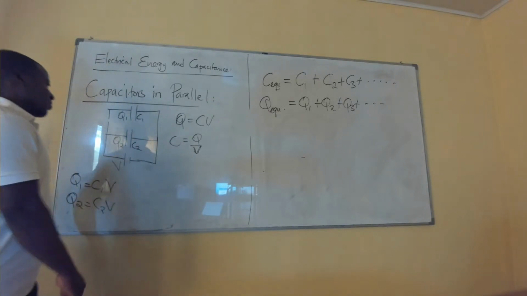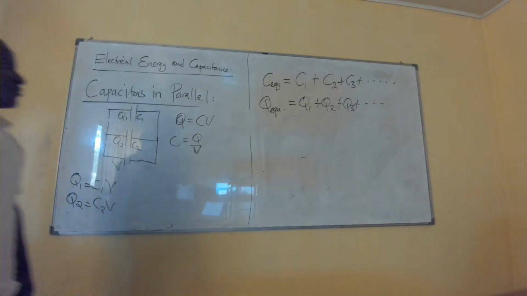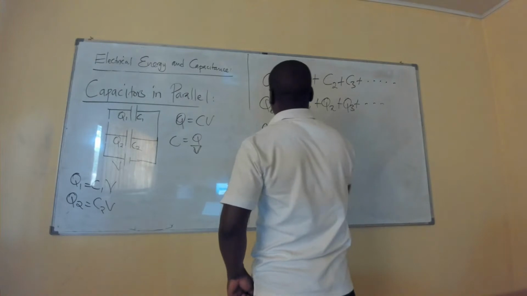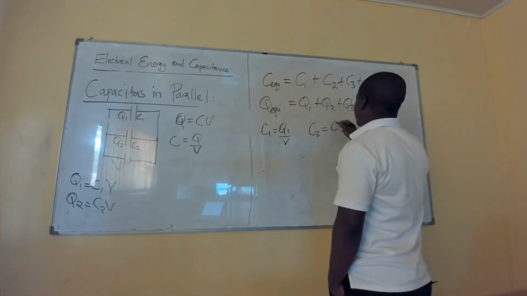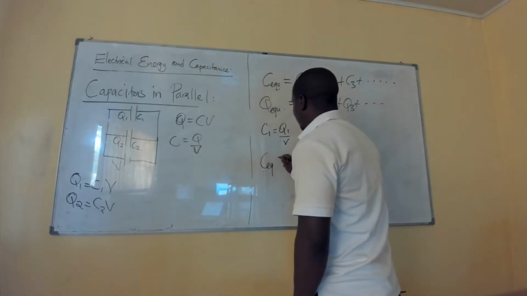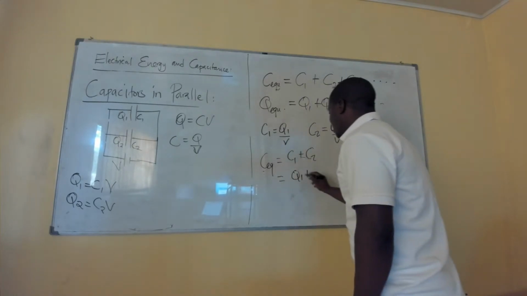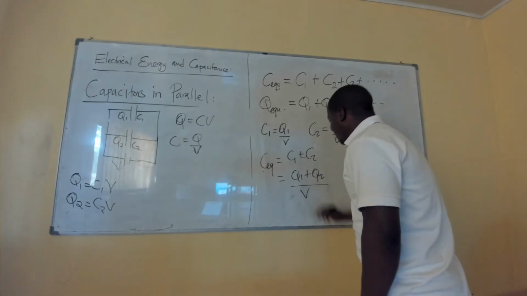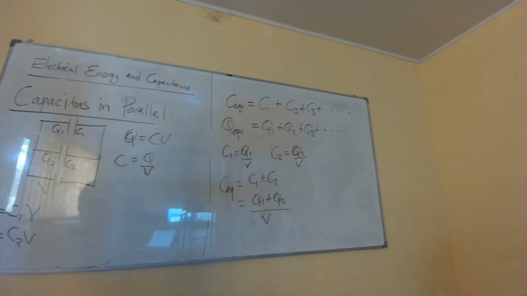Over V. So let's look at this and simplify it in that way. So we know that C1 must be equal to Q1 over V, and C2 must be equal to Q2 over V. That means C equivalent, which is C1 plus C2, must be equal to Q1 plus Q2 over V in that way. And that gives you the capacitance.